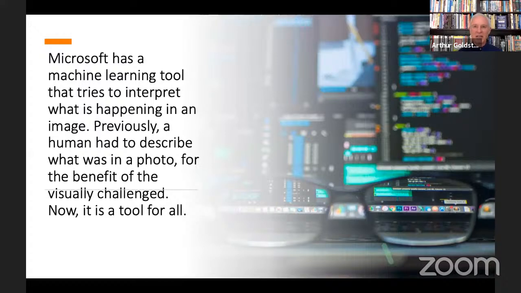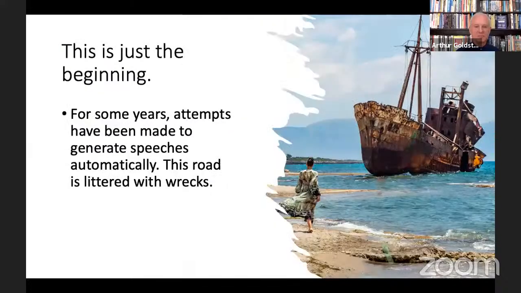And thanks to that technology that was intended to assist the visually impaired, we now have a tool available for everyone to enhance their presentations and documents.